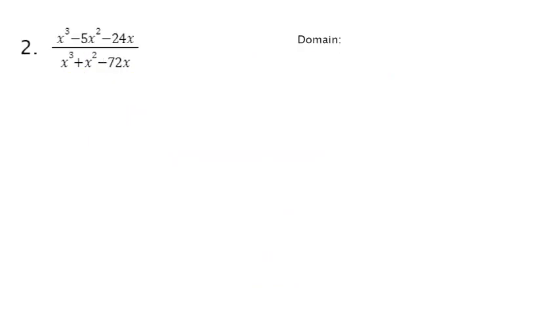For example 2, it's pretty much the same exact thing, right? So the first thing, I'm going to focus on the top part. We do have a GCF of x that we can pull out.